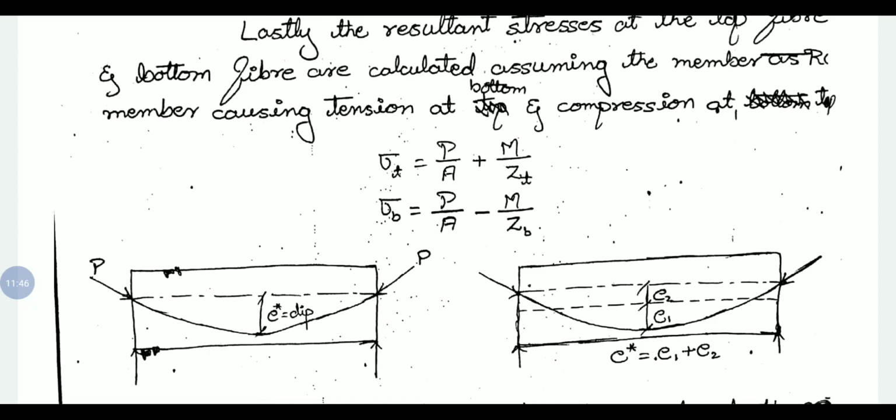At supports, we have eccentricity above the neutral axis or centroidal axis, and at midspan, we have eccentricity below the centroidal axis. So we have two eccentricities, one below and one above the centroidal axis. But E star is the total depth or total dip of the cable.